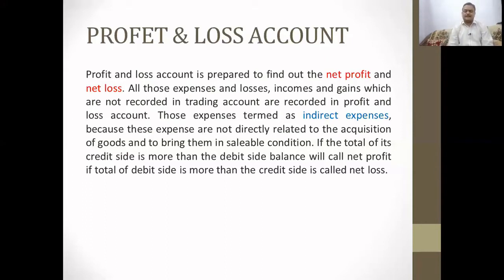All incomes and revenue that we earn are entered on the credit side of the profit and loss account. If the credit side is more than the debit side, then the balance will go to the debit side, and that balance is called net profit.